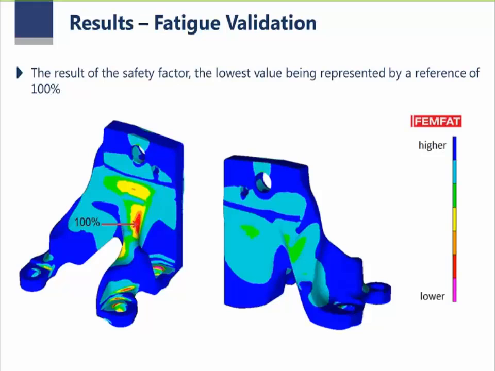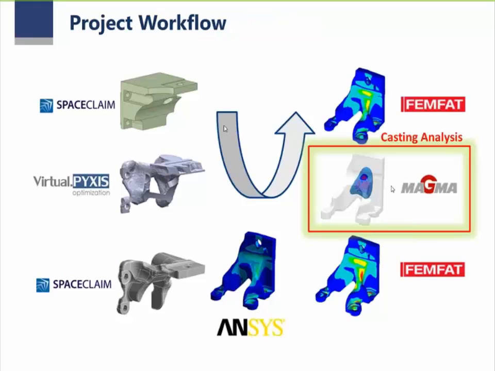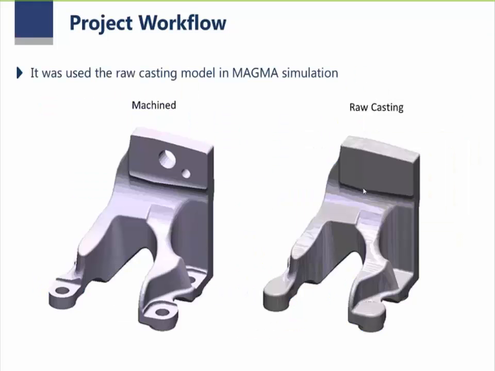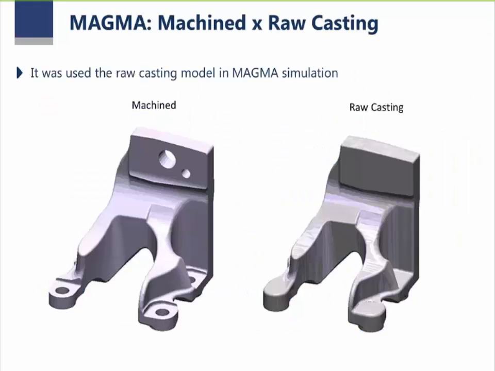And after that, we compared with the new condition with manufacturing properties. So going to the MAGMA casting analysis, the first step was a change from machined to raw casting, so filling some holes of the component, for example, like here.